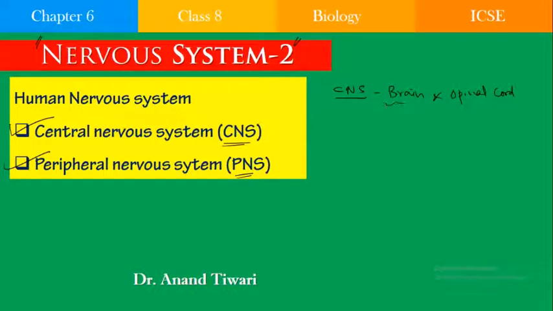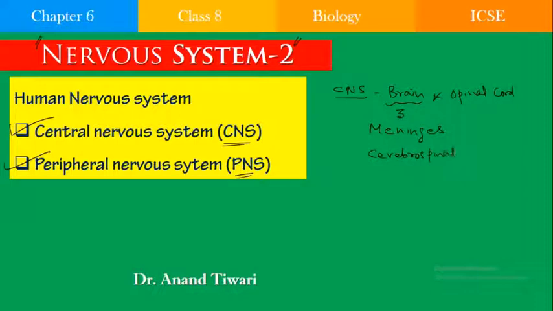So the brain consists of billions of nerve cells and it is protected by the skull. It has three protective layers, which are termed the meninges. The fluid present between these meninges is known as the cerebrospinal fluid.